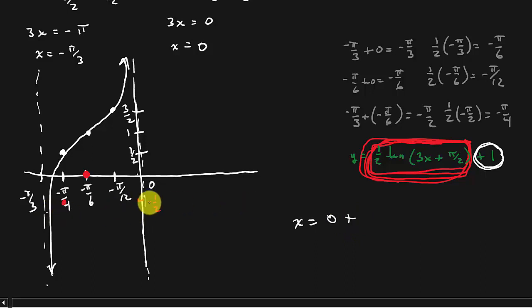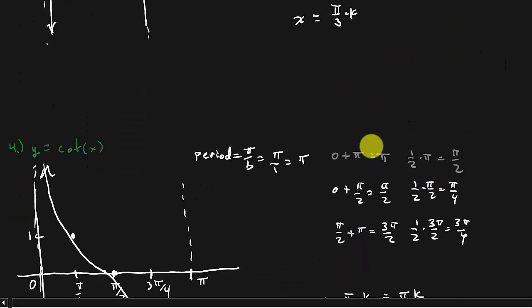How do we get to the next one? What are we adding or subtracting? The period, pi over 3, right? So plus pi over 3 times k, which is pi over 3 times k. So my vertical asymptote would be pi over 3 times k. There's your vertical asymptotes. See, it's not that bad. It's not bad at all.